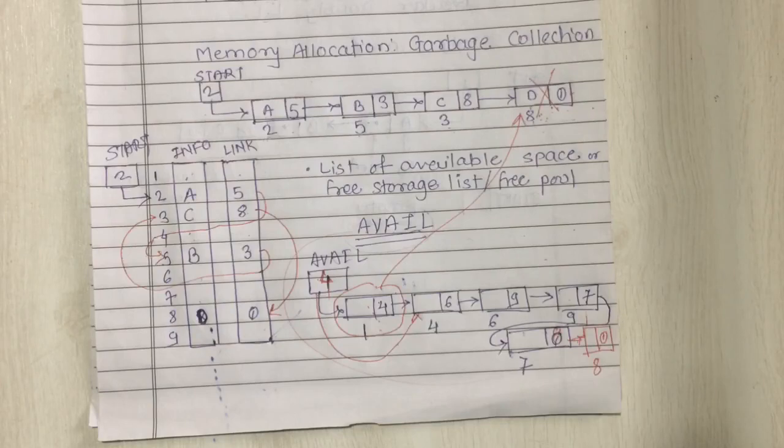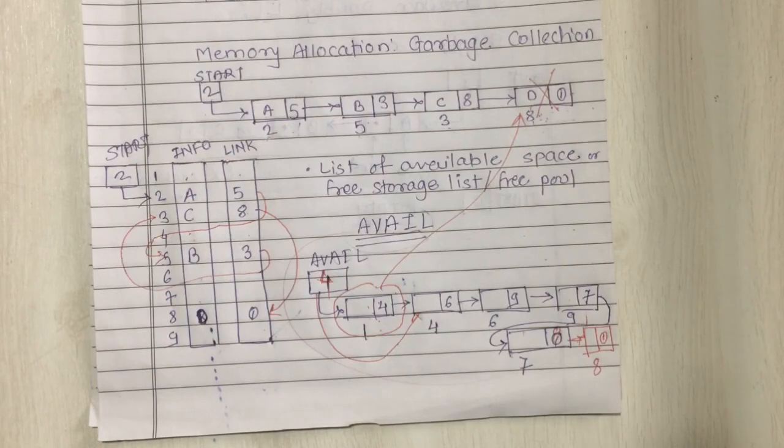After some time, the operating system goes through this linked list, and it simply collects the unused nodes, and it puts those unused nodes into the free space. This is nothing but garbage collection. So I will state the definition once again.